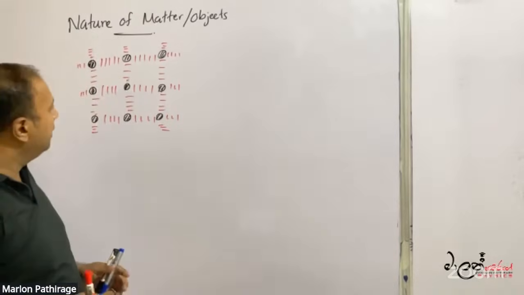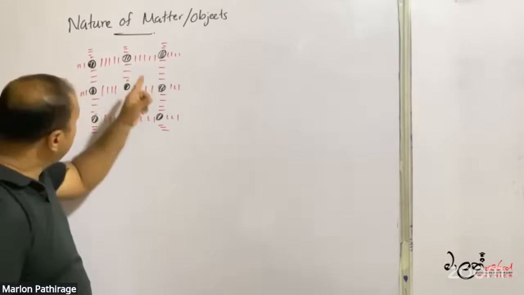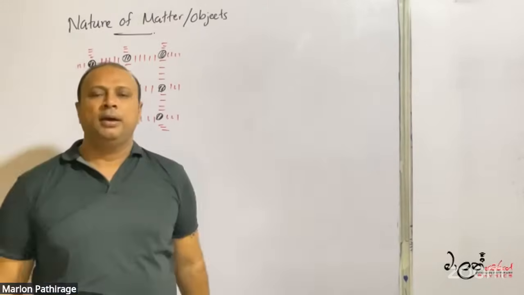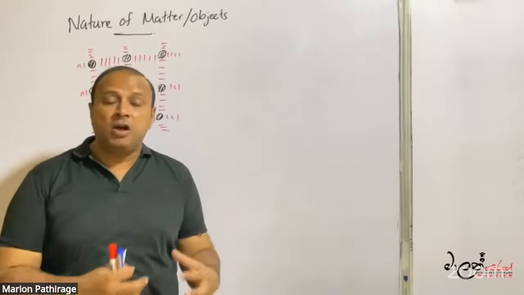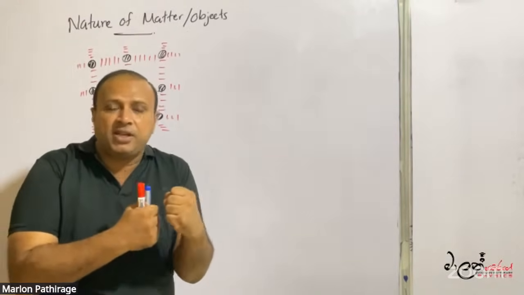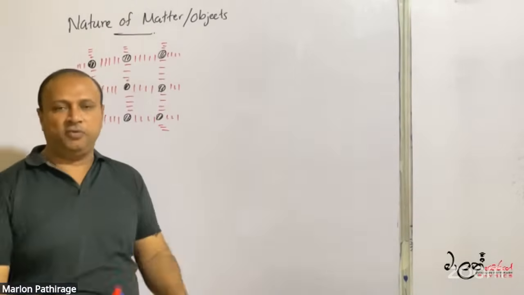So, these particles are bonded together using those intermolecular bonds. Those particles are bonding together due to that intermolecular attraction. Intermolecular bonds means the attraction force in between those particles.